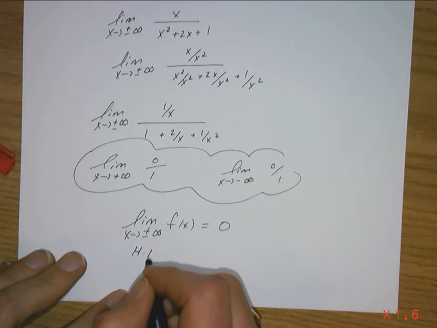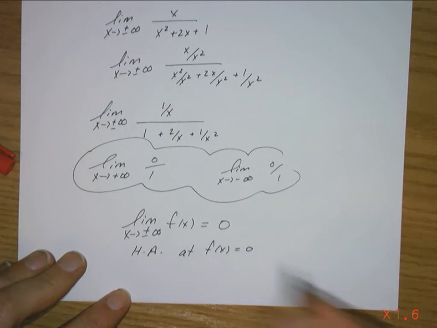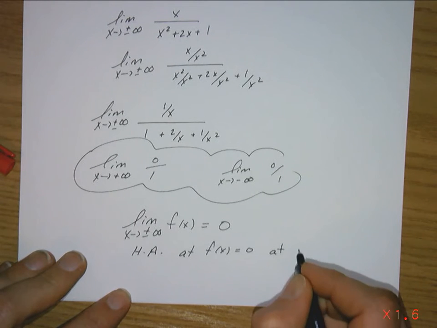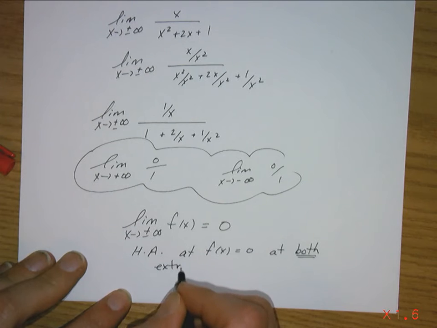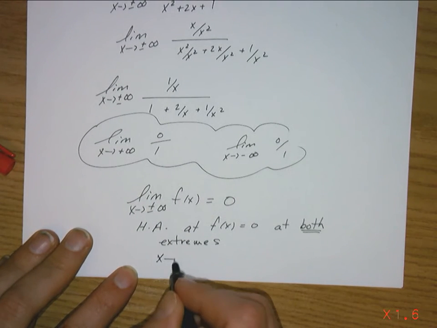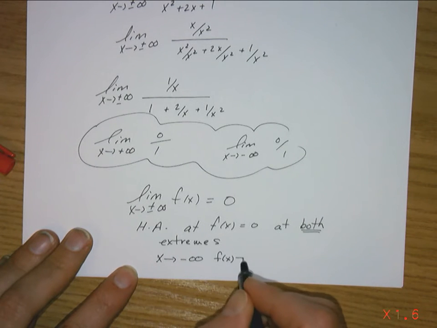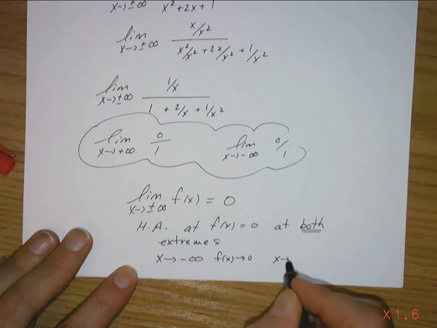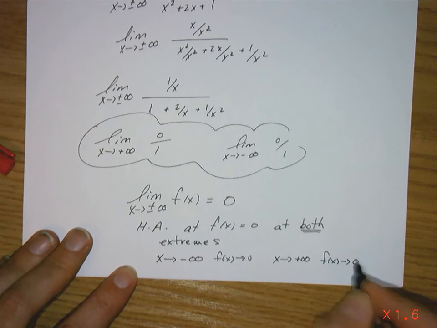So you have a horizontal asymptote at f of x equals 0 at both extremes. Just to send this point home, as x approaches negative infinity, f of x is approaching 0. And as x approaches positive infinity, f of x is also approaching 0.